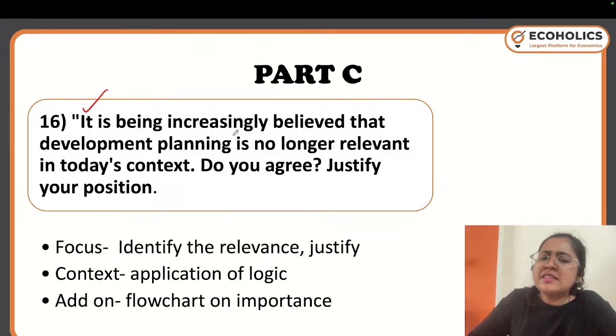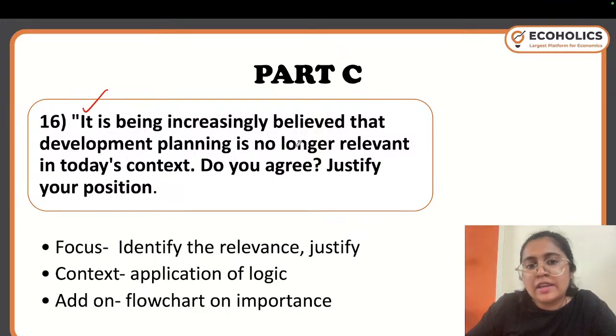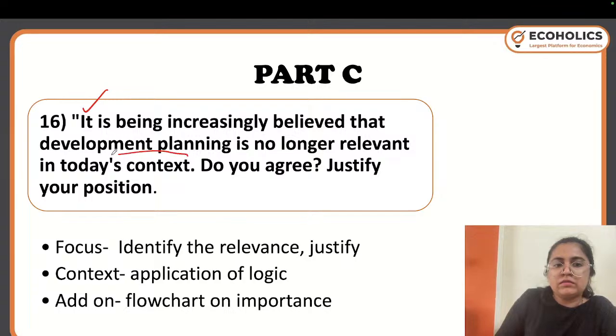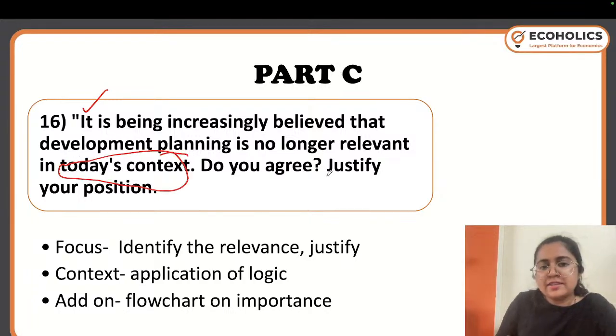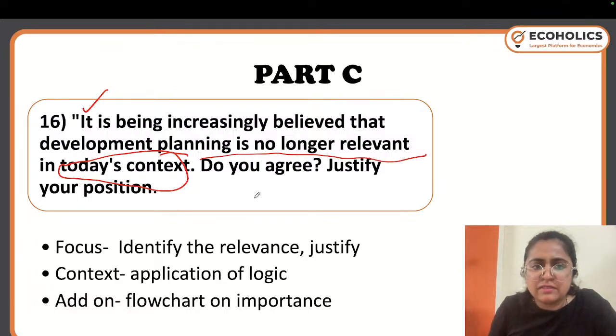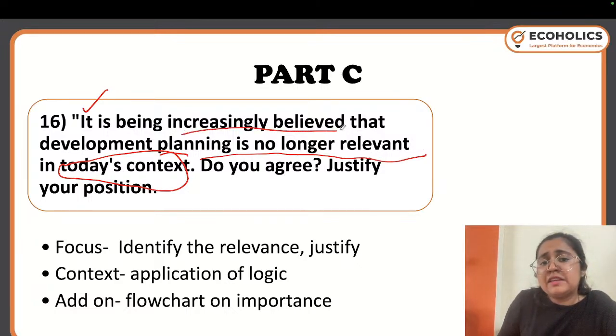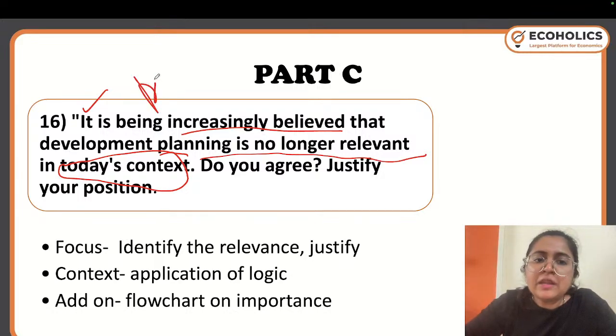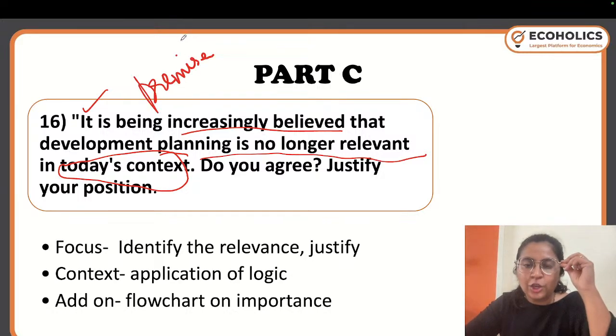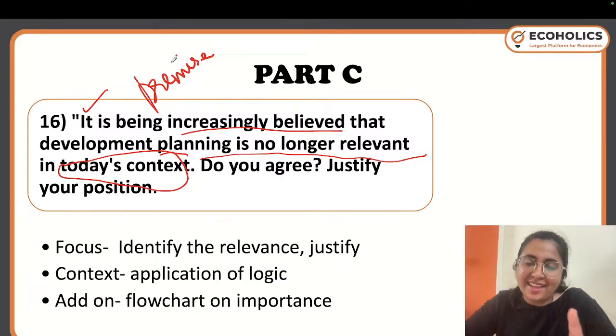It is being increasingly believed that development planning is no longer relevant in today's context. It is being increasingly believed. They have given a premise to this question. Usually, premises are given in logical reasoning types of questions, usually aptitude types of questions.